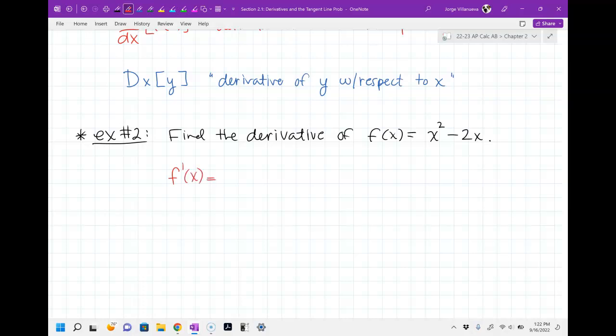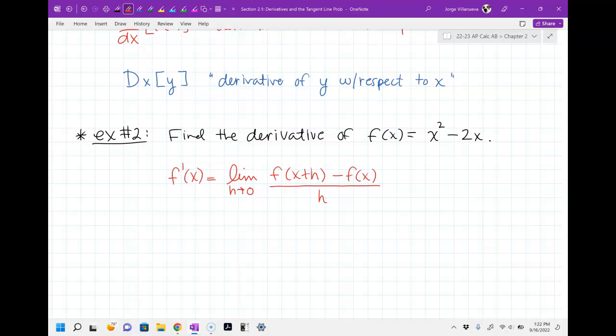Okay? And that's the limit as h approaches 0. Remember, that's where I'm just writing down the definition again for us, okay? f of x plus h minus f of x over h. Okay?